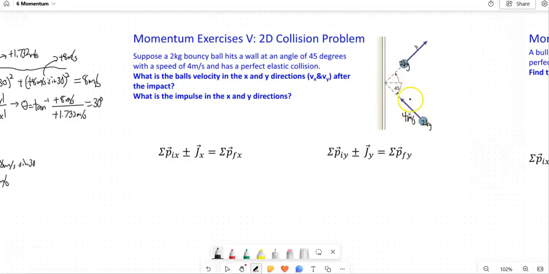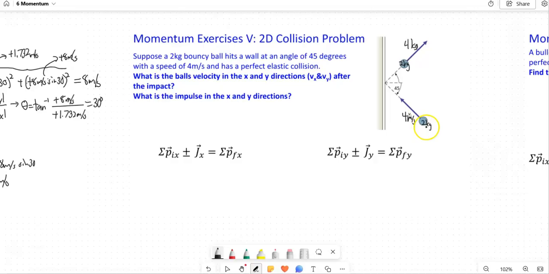So for example, we know over here it's traveling at 4 meters per second at this angle. When it bounces and there's a perfect collision, that means there's no change in the overall energy.